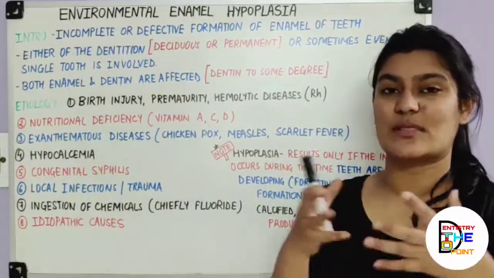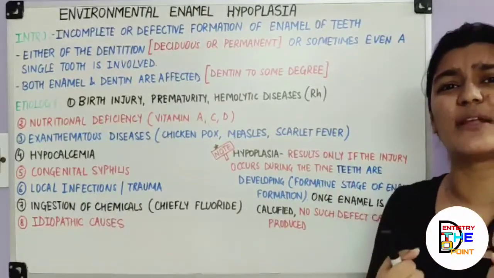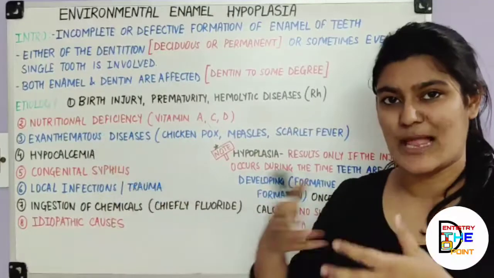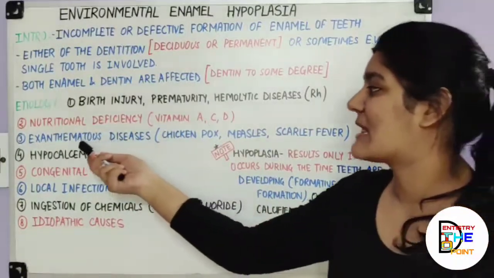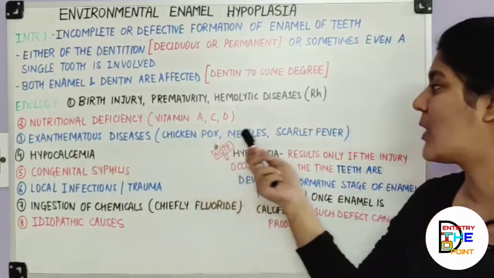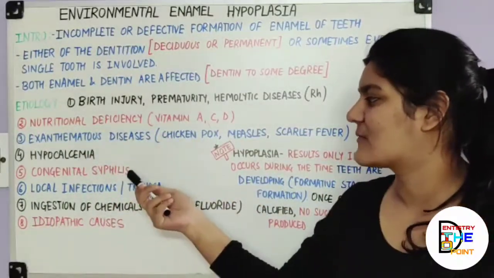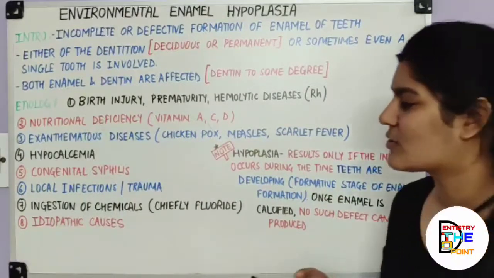Then, since babies are nutritionally deficient and do not have strong immunity, nutritional deficiency and hypocalcemia may be present. Also they are prone to diseases, so exanthematous diseases like chickenpox, measles and scarlet fever, and even congenital syphilis. Also they are prone to any kind of local infections or trauma.